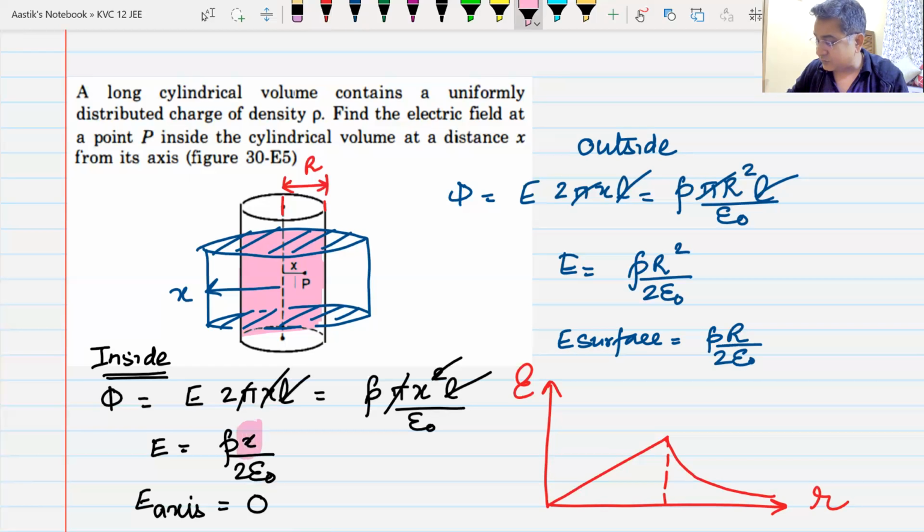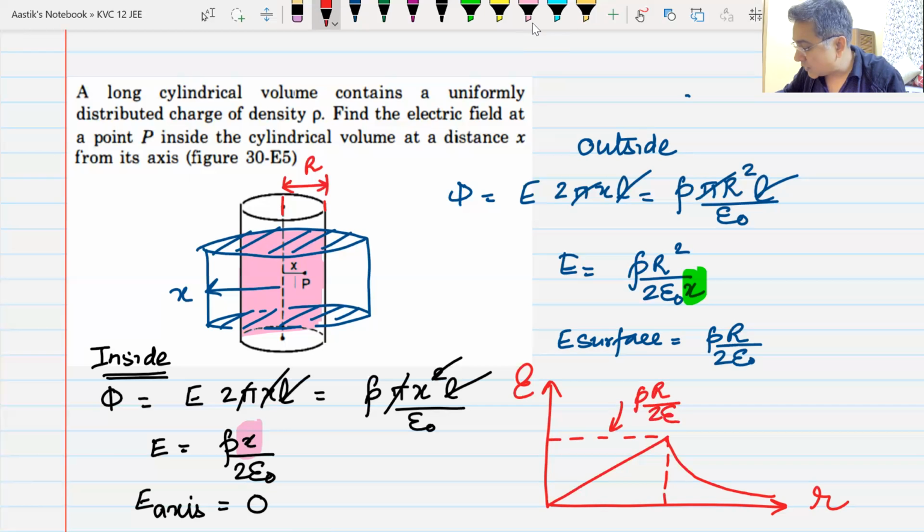Do we see this? Yes or no? And then outside, I have missed x here. Outside, it is inversely proportional to x. So the graph is like this, and the electric field is maximum on the surface, and the value is rho r by 2 epsilon naught.